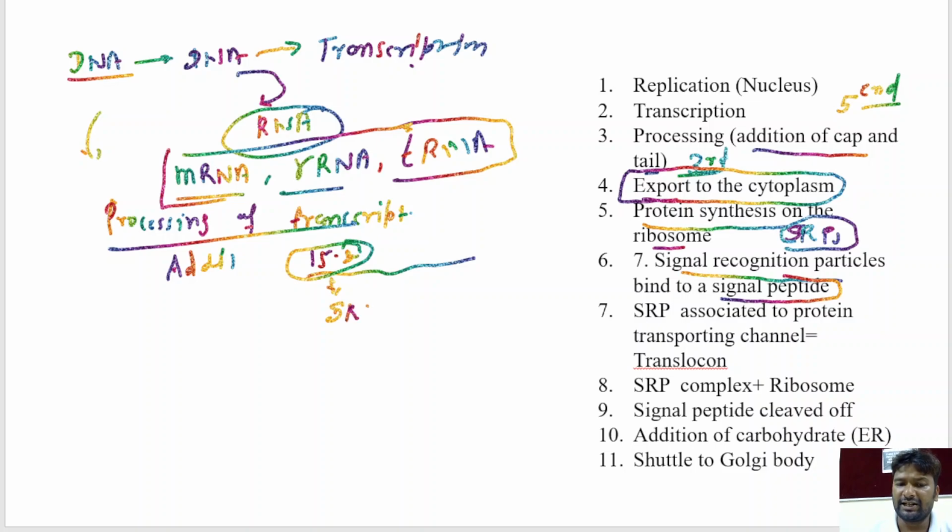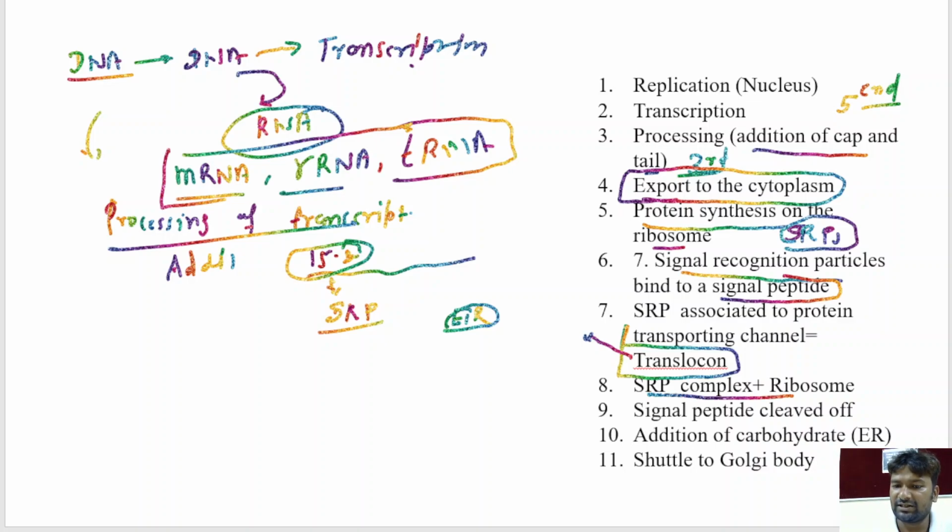So this is the attachment of the SRP particle. After addition of this SRP particle, there will be a transporting channel, called the translocon, which is present on the endoplasmic reticulum, where these polypeptides move through the endoplasmic reticulum and ribosomes bind.